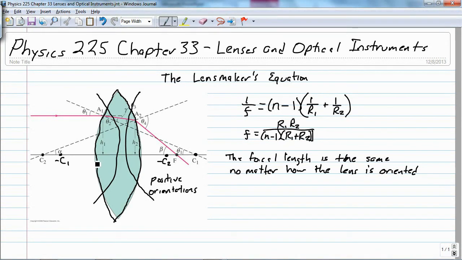So if you were to rotate this lens 180 degrees, I'd still get the same focal length, because this R1, R2 doesn't really change in this formula. Here I've got a multiplication, that's not going to change. Here I have an addition, that's not going to change the order of it. So the focal length is the same no matter which way you twist the lens.